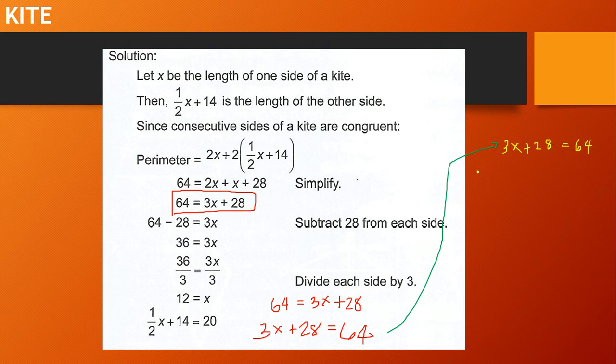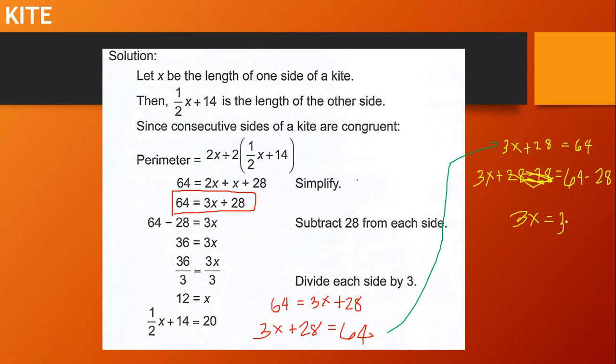So it becomes 3x plus 28 minus 28. Then kung nag minus 28 ka sa left, dapat mag minus 28 ka sa right. So 64 minus 28. Okay, then 28 minus 28, that becomes 0. So wala na siya. So 3x equals 36.